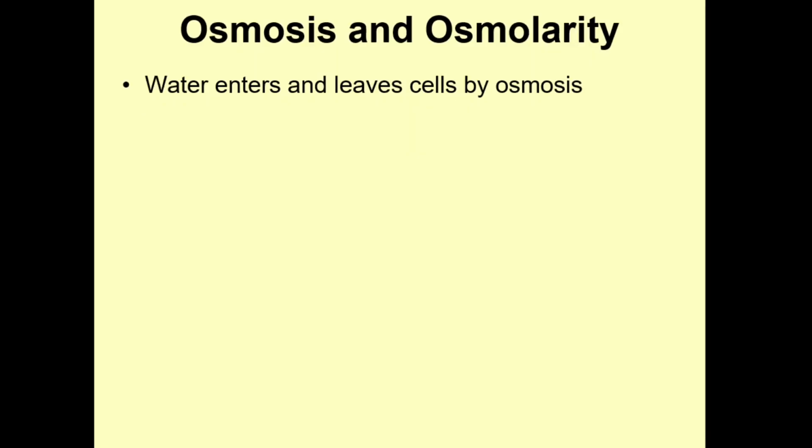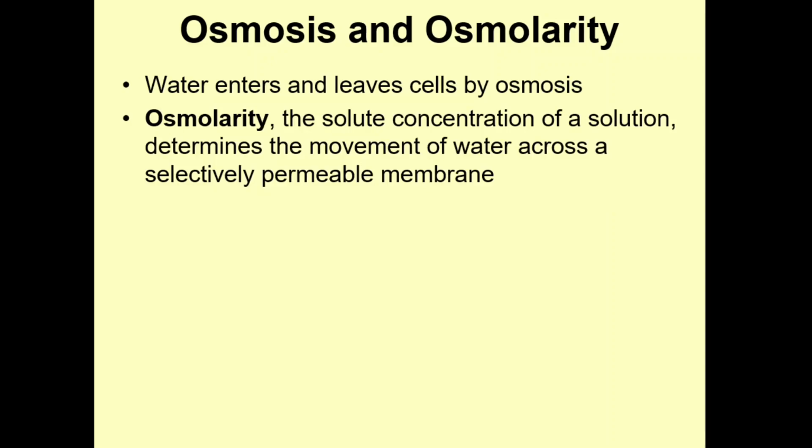So let's just do a quick recap of osmosis and osmolarity, and then we can start to put it into context. We can start thinking about it in terms of osmoregulation. So we know that water will enter and leave a cell by osmosis, and that osmolarity is the solute concentration of a solution.